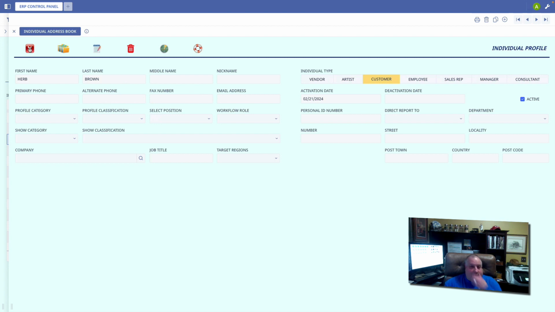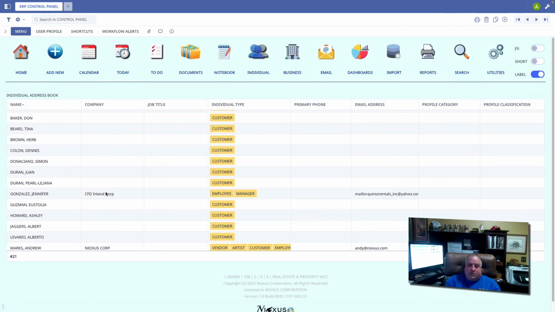Once we have defined the individuals and or the businesses who are our real estate company customers, we then need to define the separate charges, clauses, and fees that would be part of any lease contract, or as we'll see in the future, any deed for the sale of a property.